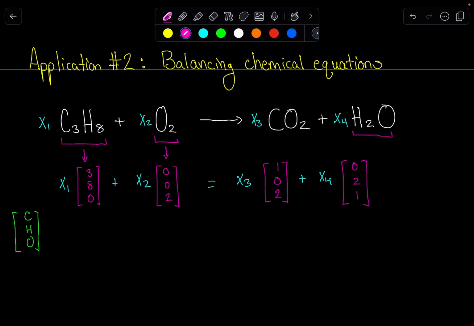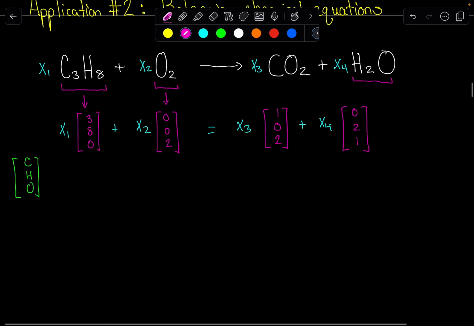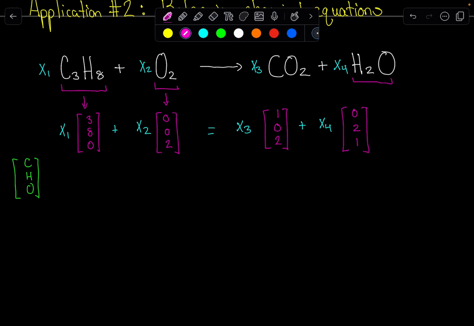So what do we do with this? How do we solve this? It's the same exact thing if you want to think about it as a system of equations. You could set it up in such a way where I put everything onto one side. And so what we'll have is right now this is a vector equation. So we have x1, and I'm going to start using just one color now.